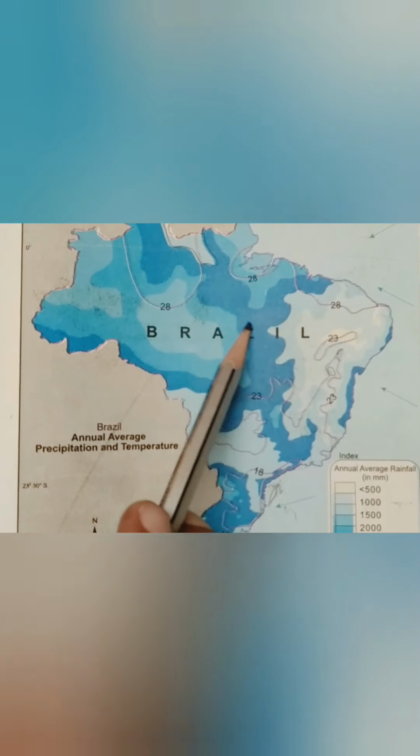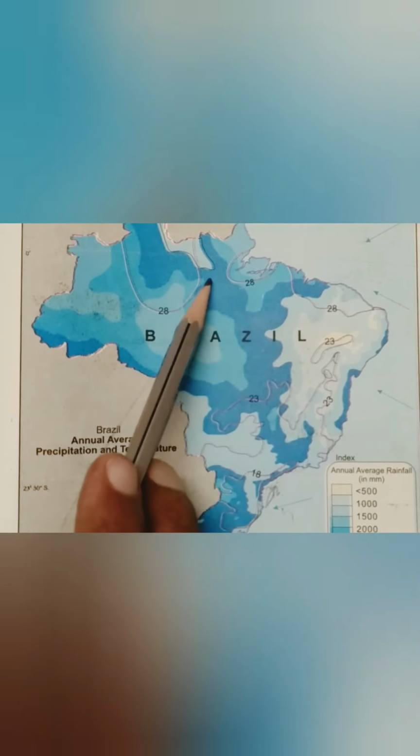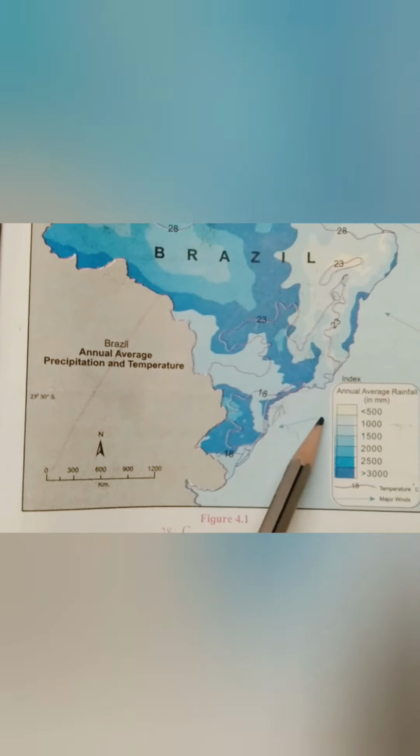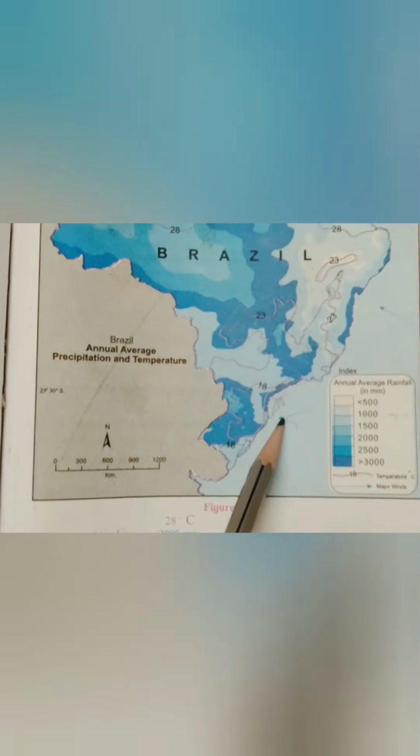As it goes upward, it also gives very heavy rainfall over here. So this is the southeast trade wind.